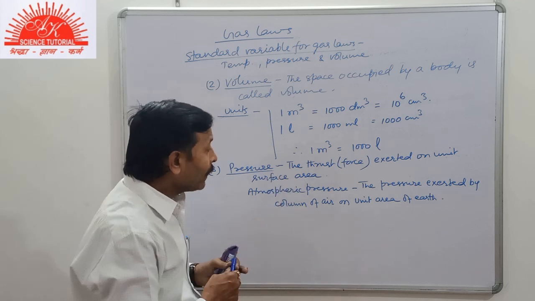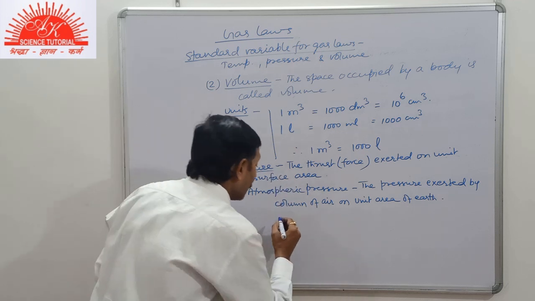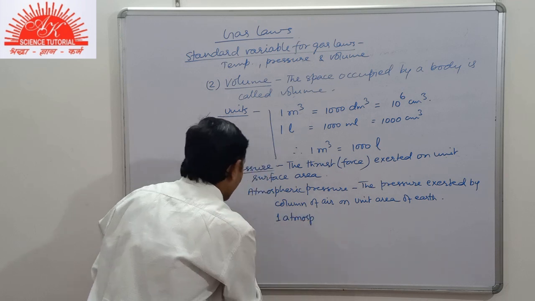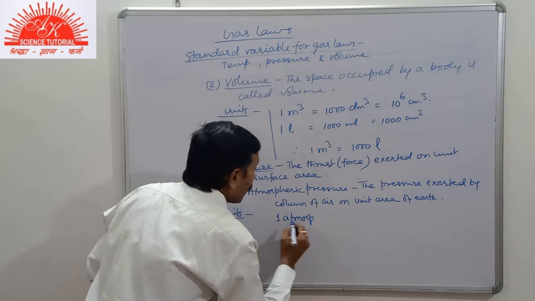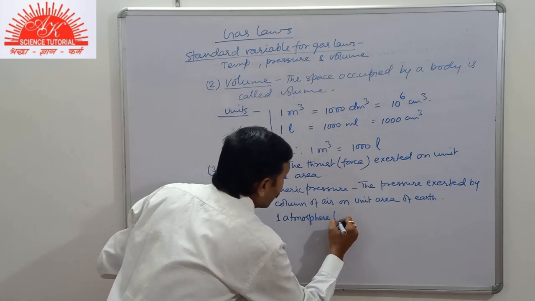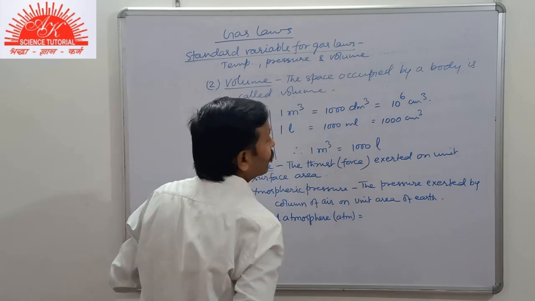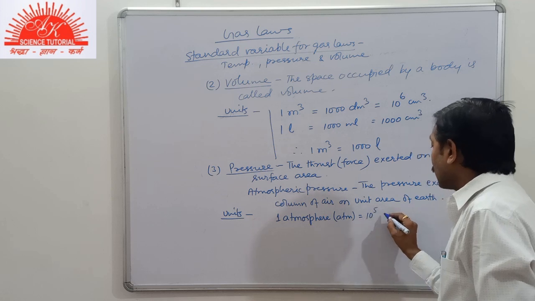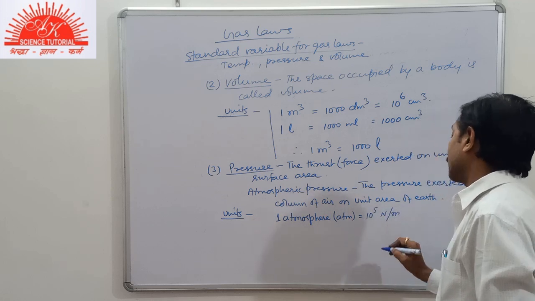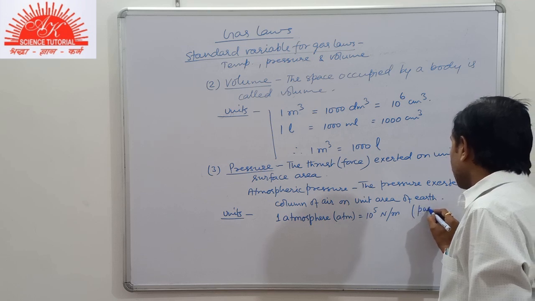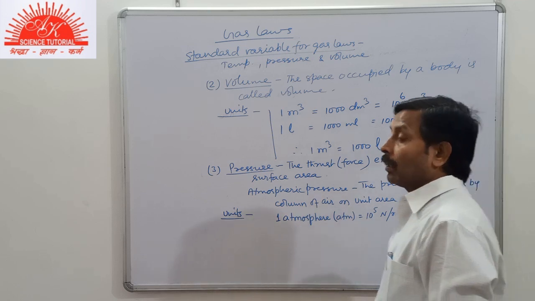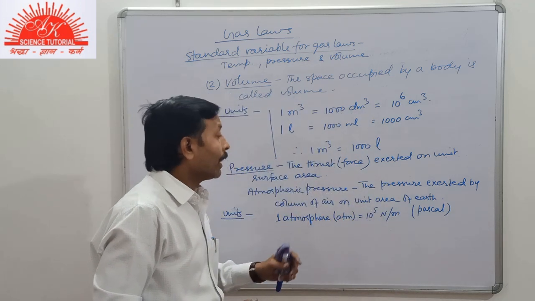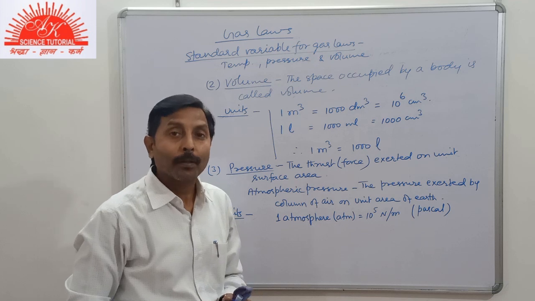Now, in normal conditions, 1 atmosphere, in short written as ATM, is equal to 10 to the power 5 Newton per meter square, also written as Pascal. The SI unit of pressure is Pascal, which is compared with atmosphere or 1 atmospheric pressure.